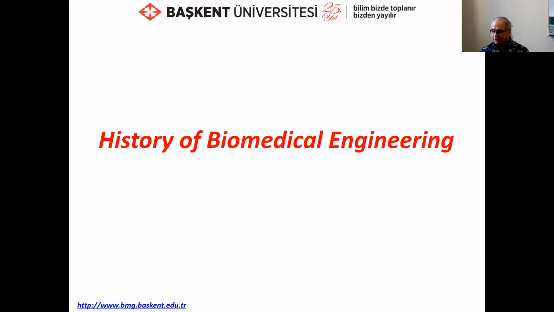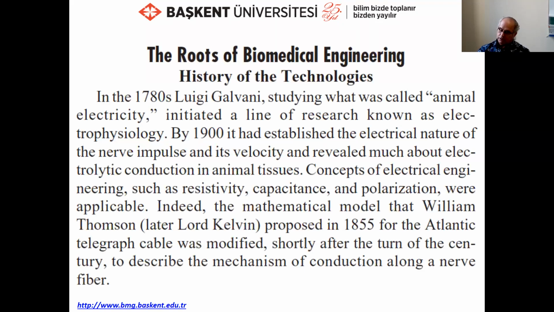Yes, after those definitions, after those reminders, we can pass to the history of biomedical engineering. If you look back, we can see the roots of biomedical engineering go to the end of the 1770s with Luigi Galvani. He was working on animal electricity, and these were the initial studies of biomedical engineering.